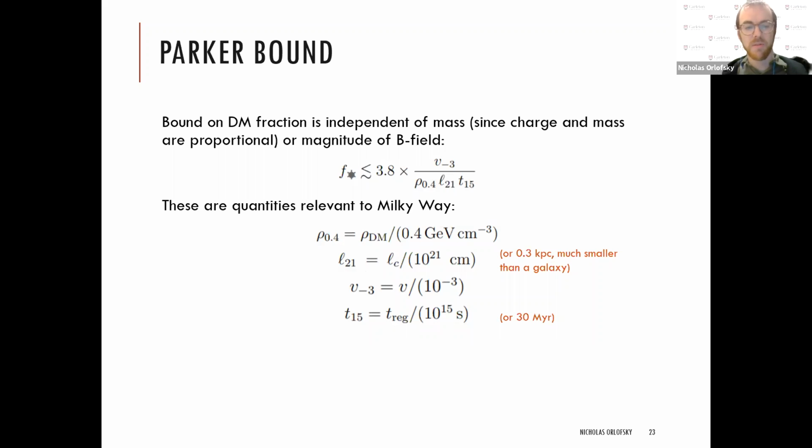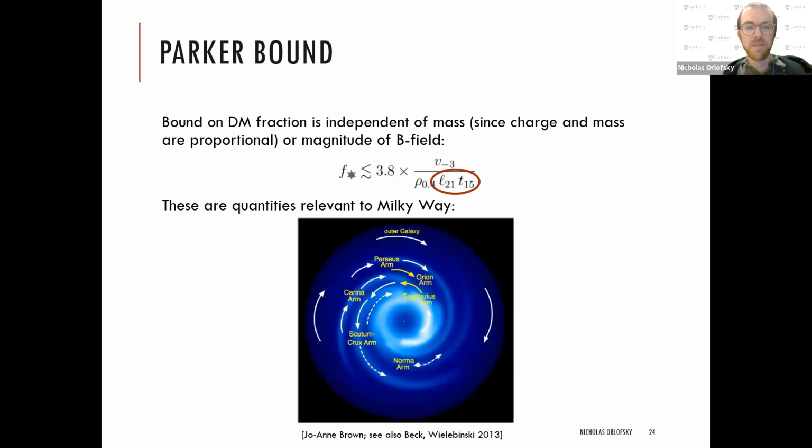Because this is so close to being useful, but not quite, we wanted to think, is there any way that one could get a stronger bound using some other system? In particular, the main constraints are this coherence length and the regeneration timescale. For the Milky Way, I've shown here some depiction of the large-scale magnetic fields, and you can see that they're not really all ordered very nicely.